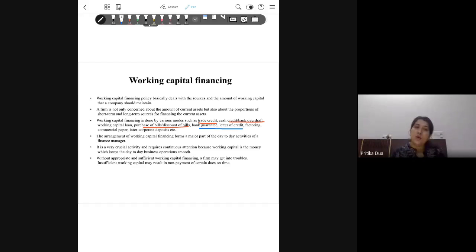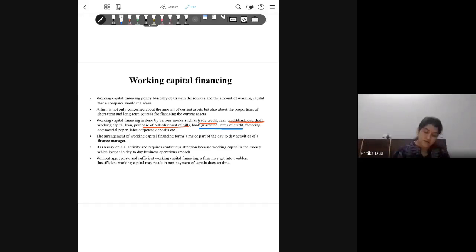And intercorporate deposits, intercorporate मतलब एक कंपनी दूसरी कंपनी के डिपॉजिट्स में इन्वेस्ट कर रही है, so that also becomes a mode of short term financing for a firm. So these are some of the sources available for short term working capital financing.